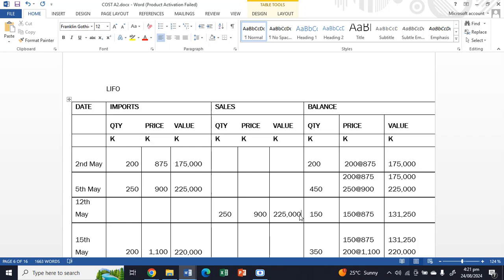So, remember, we sold 300, so there's 50 goods remaining. The remaining 50, we get them from this batch of 200 here. So, we have 50 valued at 875. What is 50 times 875?